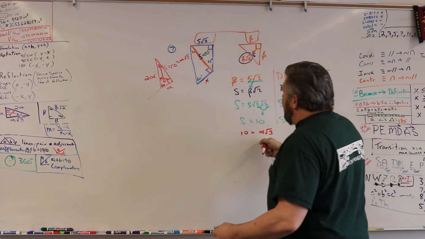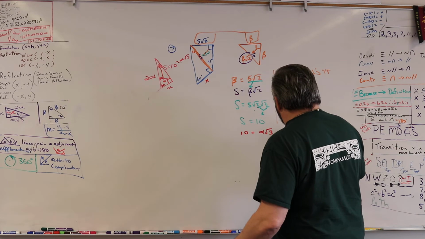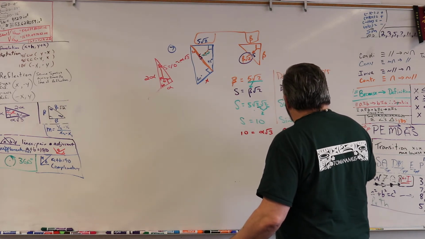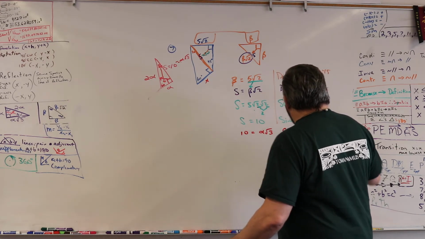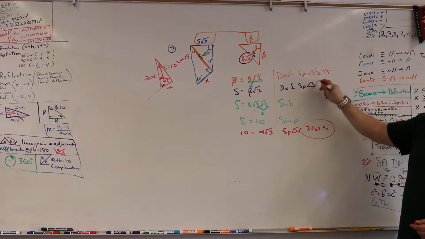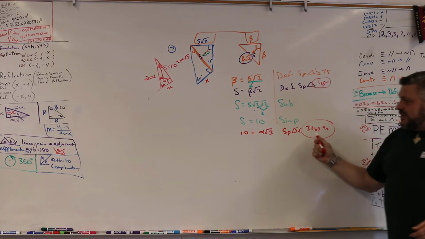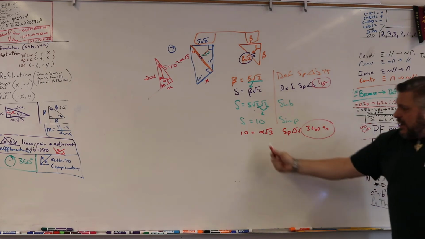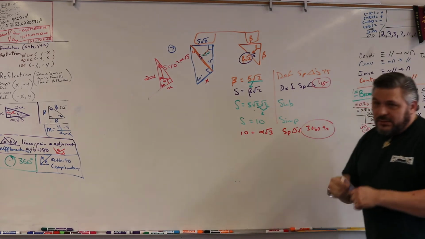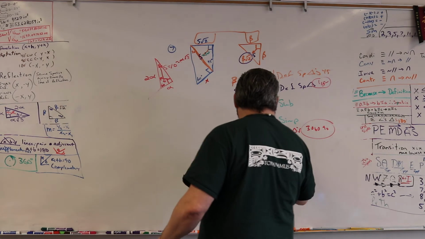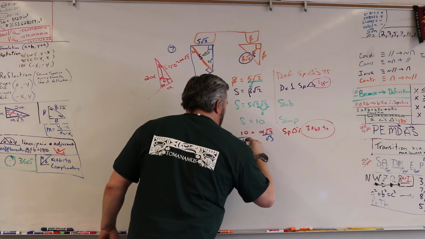Now remember, that's because of the special triangles of 30, 60, 90. That's different than these, which were 45, 45. But these ones are 30, 60, 90. Now how do I solve for this? Divide by the square root of 3.